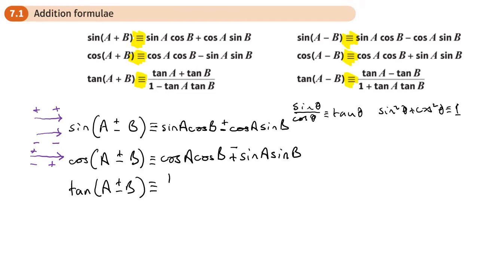We'll have tan A plus minus tan B, depending on whether we've got plus minus on the left hand side, and then we'll have 1 minus plus tan A times tan B. So when we have a plus sign on the left hand side, on the right hand side we'll have a plus at the top and a minus at the bottom, and if we have a minus on the left hand side, we will have a minus at the top and a plus at the bottom. So just be aware of that.